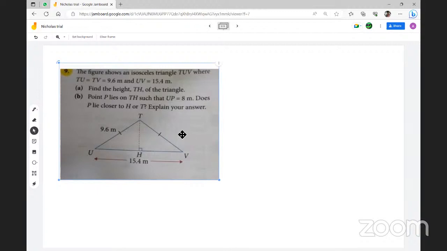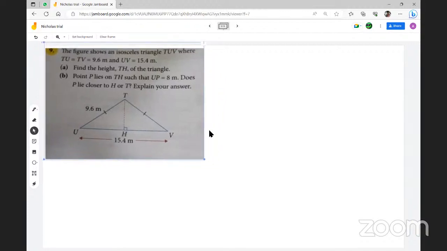Yes. UTV is not 90 degrees. Which therefore means you cannot use Pythagoras there. But THU can, that's 90 degrees. That's the only place where you can use Pythagoras. This guy and the other guy also can.